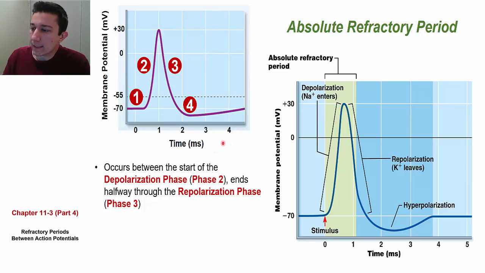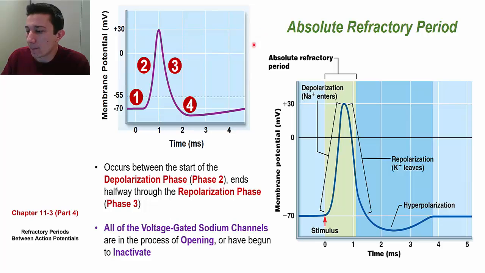So it begins at the start of our depolarization phase, and it ends about halfway through our repolarization phase, about halfway down the down slope of our action potential graph. So what's going on at this point in time that is actually inhibiting a new action potential from forming essentially on top of it?